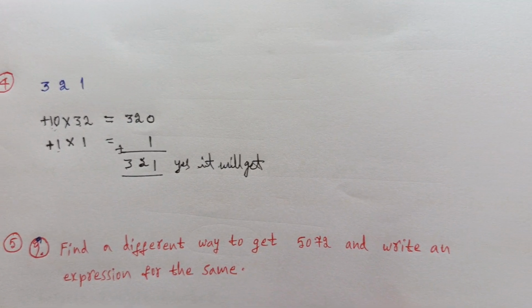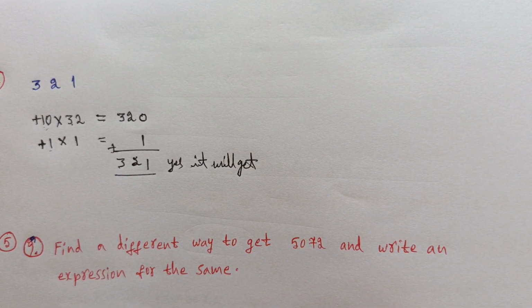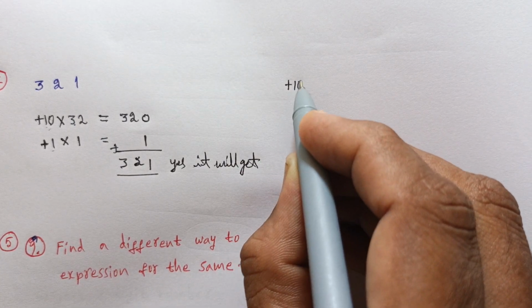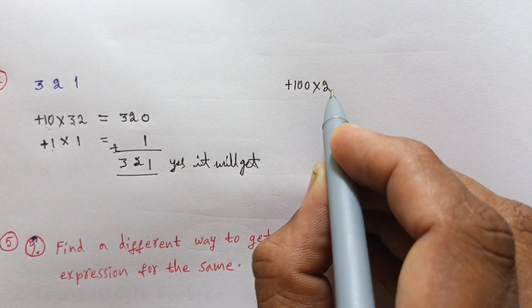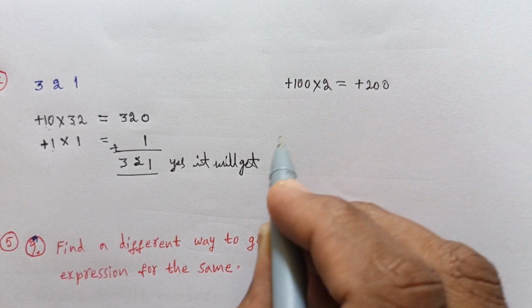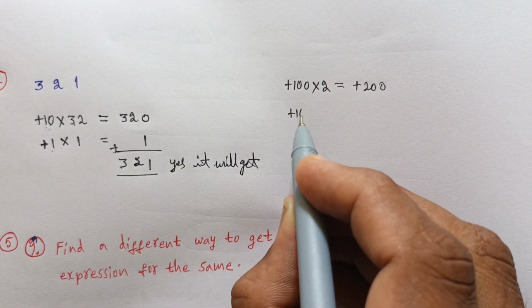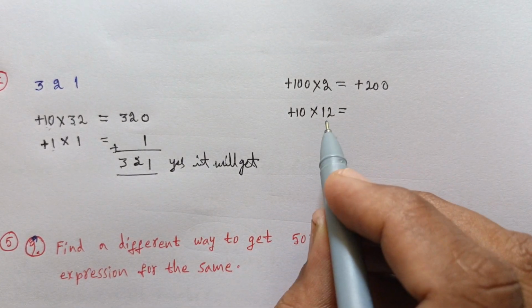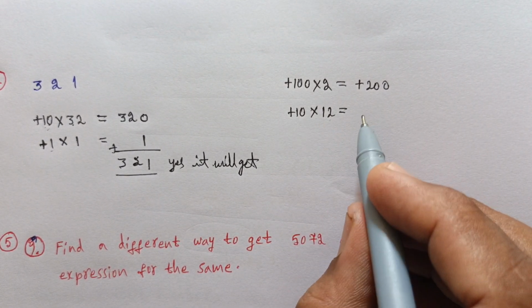They also mentioned that alternatively, we can also get 321 if we press the 100 button twice. So 100 times 2 is 200 here. Next, the plus 10 button, if we press it 12 times, so 12 into 10 is 120.